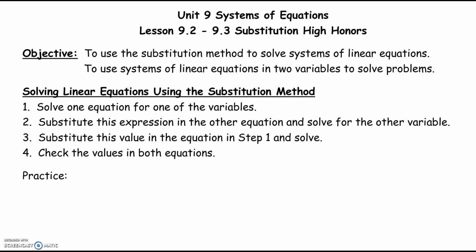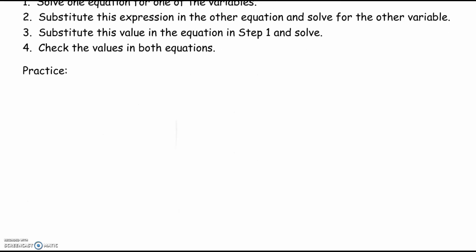So let's actually do some practice now so it makes sense of what I'm trying to tell you in words. So our first system is m equals 4n and 3m plus 2n equals 28. So step 1 says to look and see if one of your equations is solved in terms of a variable by itself on one side with nothing but that variable.